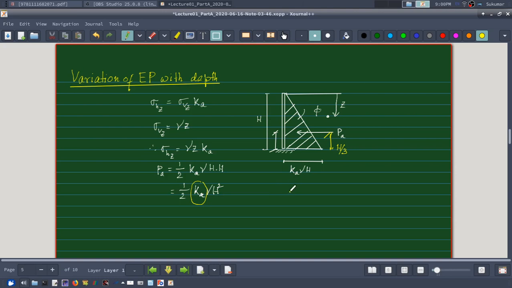All right. Say in the second case, suppose I have two different layers. All right, and say this is another layer.